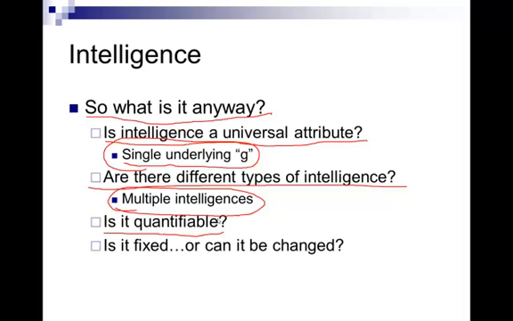Well, can we put a number on IQ or intelligence? And is it fixed? Or can it be changed? Can your IQ vary? Excuse me. Can it vary with age? Can it vary with experience? Those are some questions to ask.